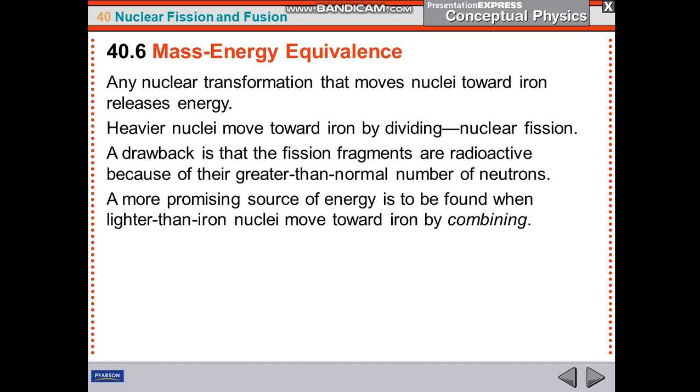Heavier nuclei move toward iron by dividing, that is nuclear fission. A drawback is that the fission fragments are radioactive because of their greater than normal number of neutrons. A more promising source of energy is to be found when lighter than iron nuclei move toward iron by combining.